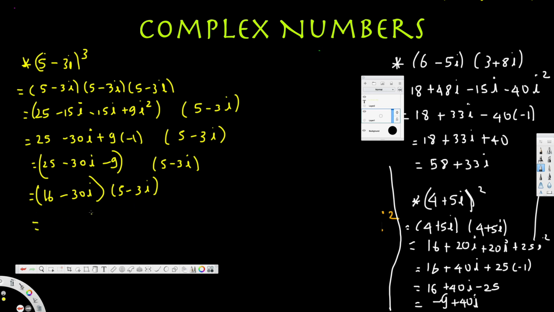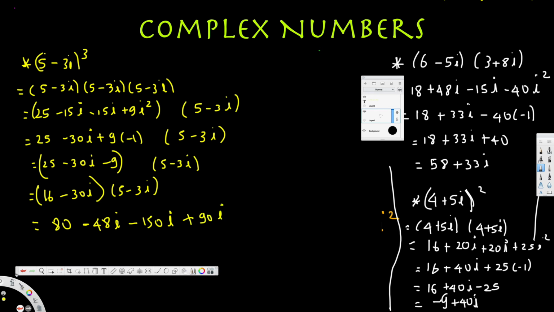So 16 times 5 is 80, and then 16 times negative 3i, that's negative 48i, minus 30 times 5, that's 150, so negative 150i, and then negative 30 times negative 3i, that's positive 90i squared.